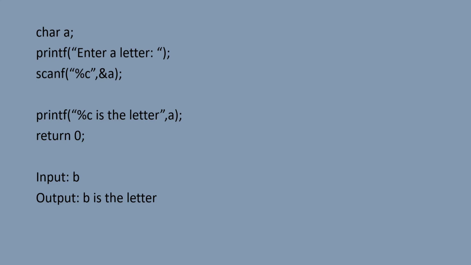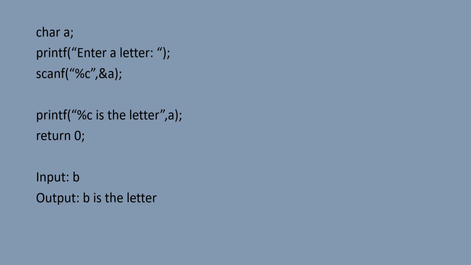I'm going to print out a question to the user: enter a letter. Then I'm going to scan in that letter with %c. Since this is type char, if this was an integer, it'd be %d. If this was a double, it'd be %f. But since we want this to be a character, it's going to be %c.